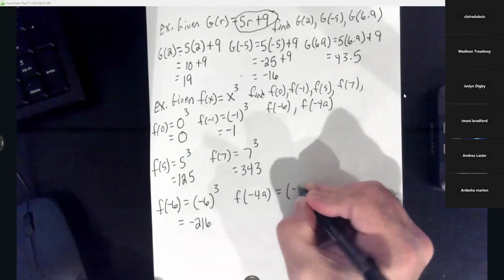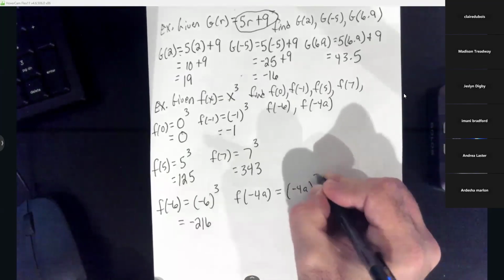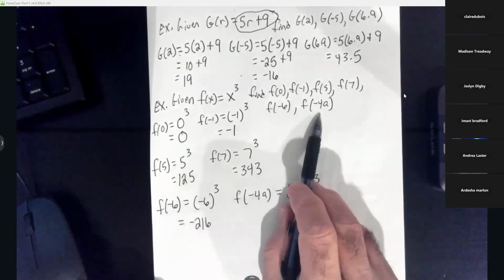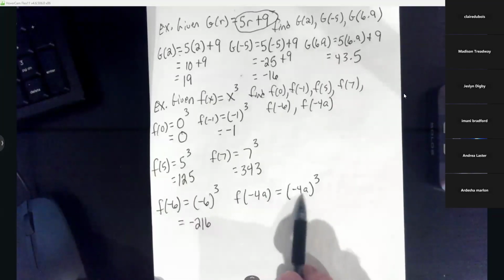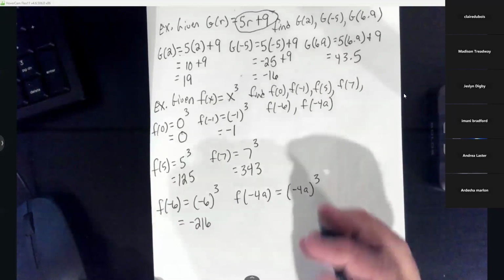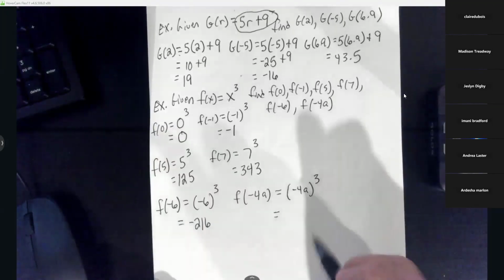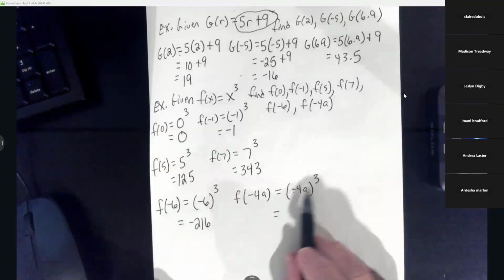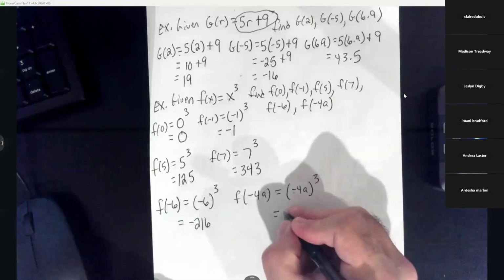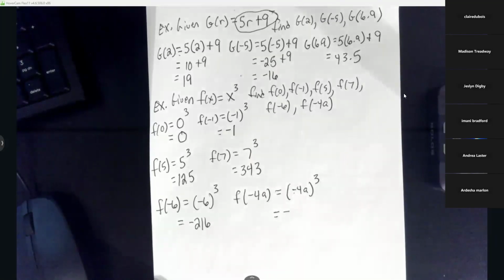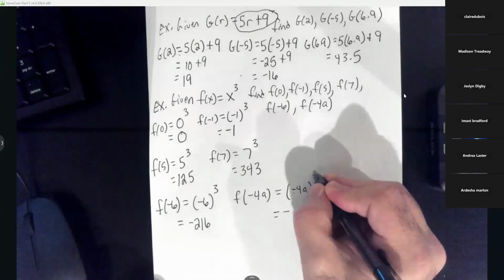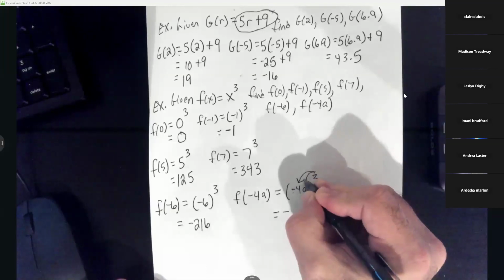That's going to equal negative 4a cubed. So this whole thing goes in for the x, and we're cubing it. Now, it is a negative number to an odd exponent, so it will stay negative. And y'all, here's the thing. You got to cube everything. That exponent affects that, and it affects that a.